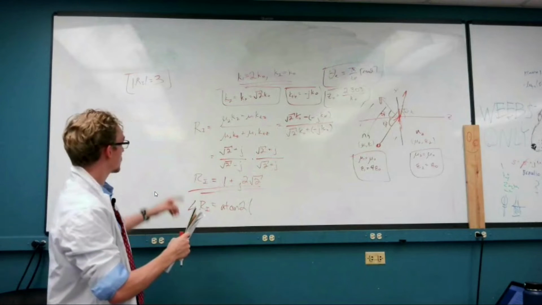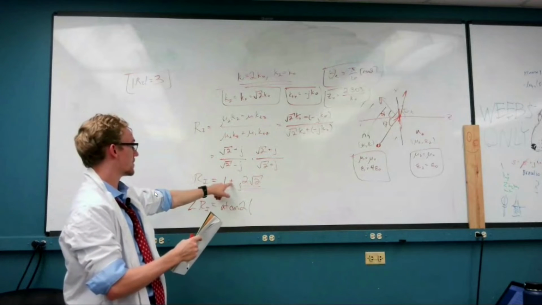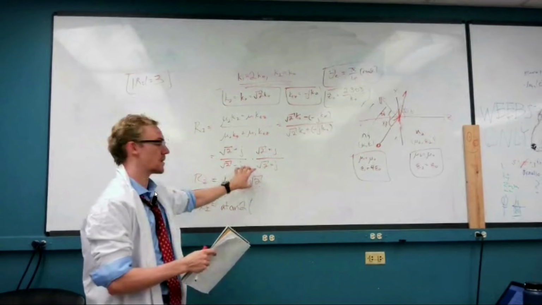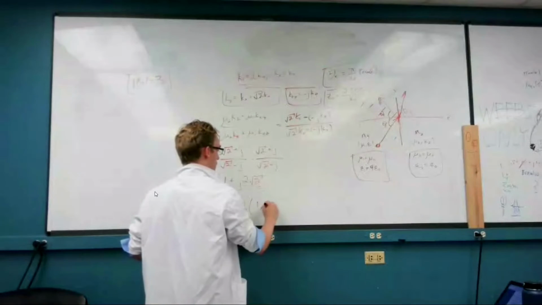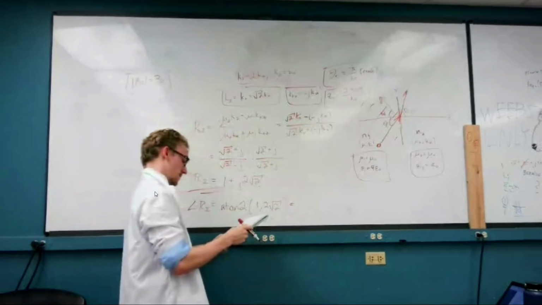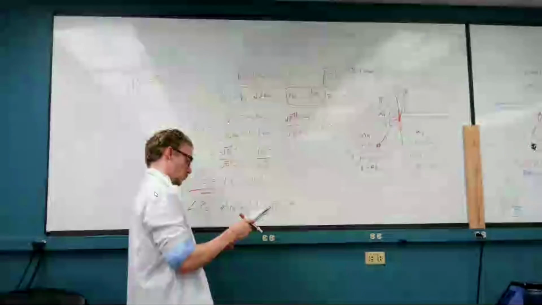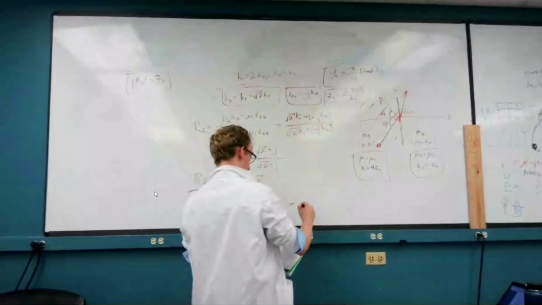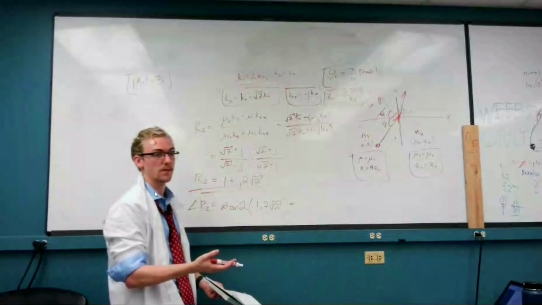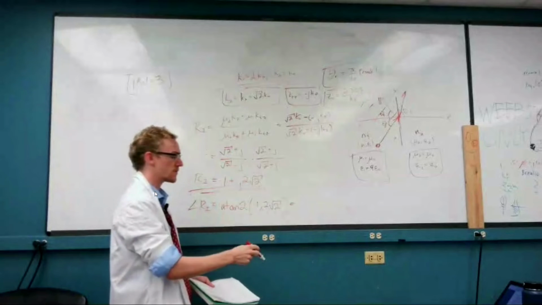In this case, this is quadrant 1. We have a positive real component, a positive imaginary component. So arctan2 of 1, 2 square root 2. Oh yeah, and since it is in quadrant 1, you actually don't care about the quadrant information.